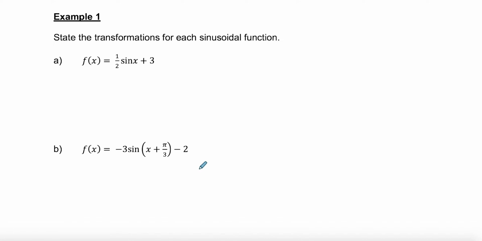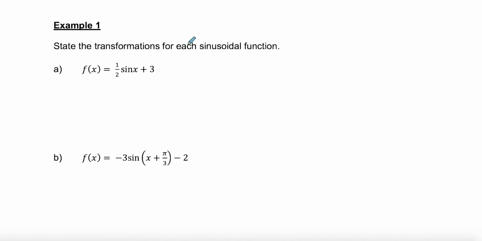So let's look at example 1. State the transformations for each sinusoidal function. When we look at this equation, this fraction out front is telling us that there is a vertical compression of the sine function. The positive 3 means that this sine function is going to be translated 3 units up.